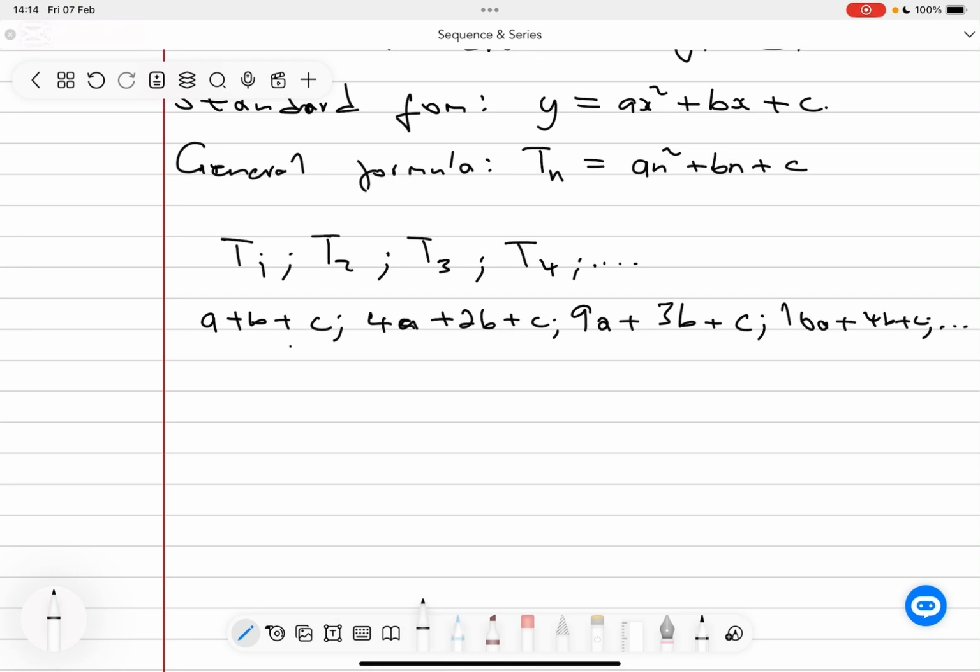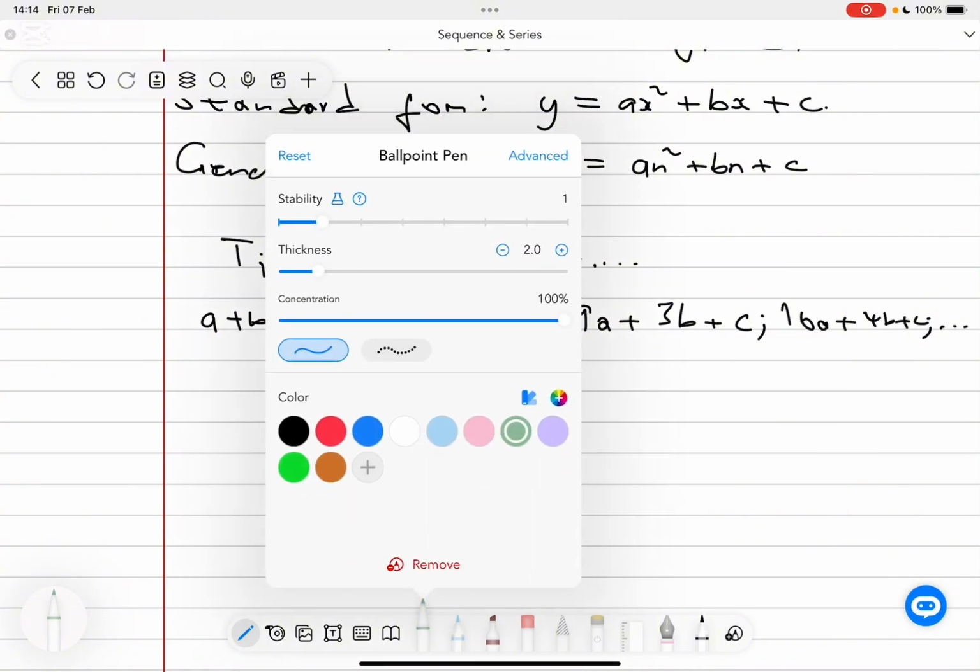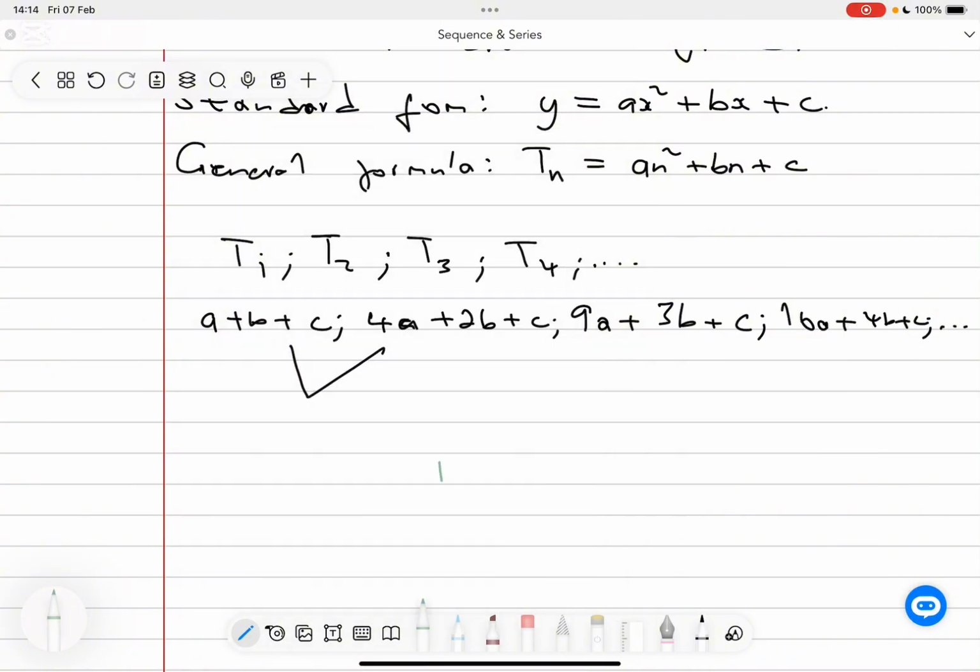Well, when we say, for instance, T2 minus T1, which is basically this term minus this term, we can see that here we are going to have 4a plus 2b plus c, and it subtracts a plus b plus c.